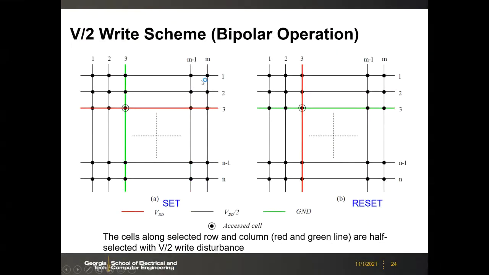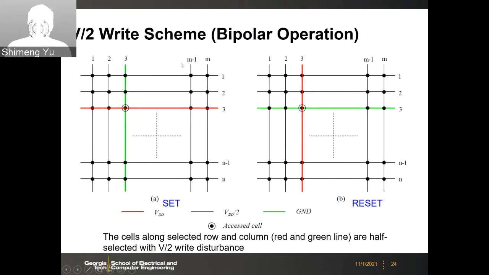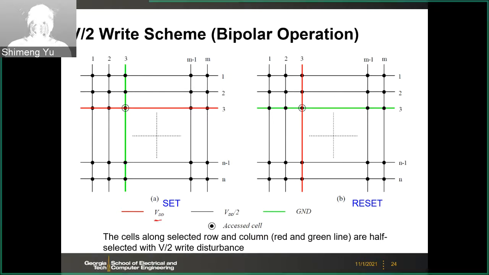So how do you write the data into this cross-point array? Here is the principle. We have the V over 2 write scheme for the bipolar operation. What you want to do is apply the write voltage, like VDD or VWrite, to the selected line or selected row. And for the selected column for this cell, you ground. That's why you have VW across this cell to write the cell.